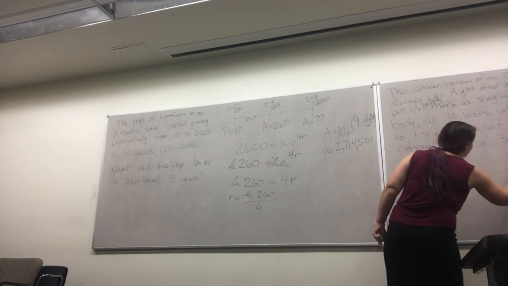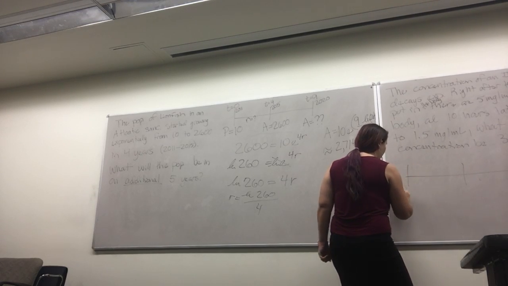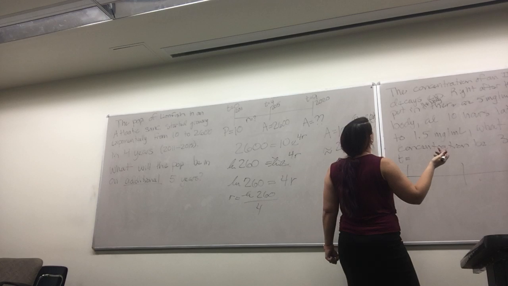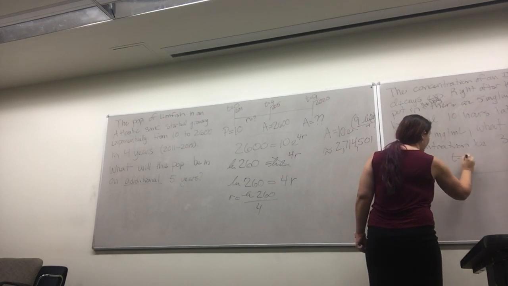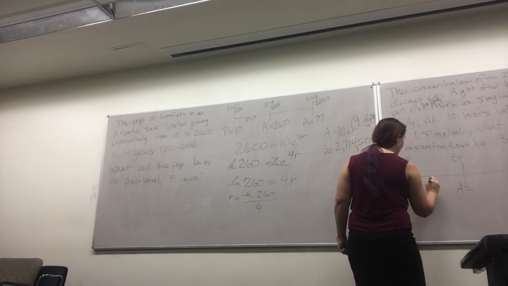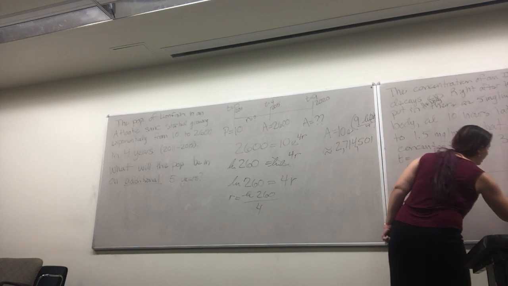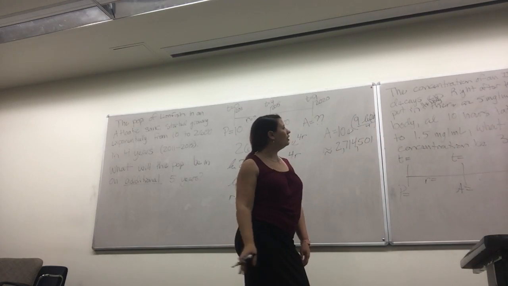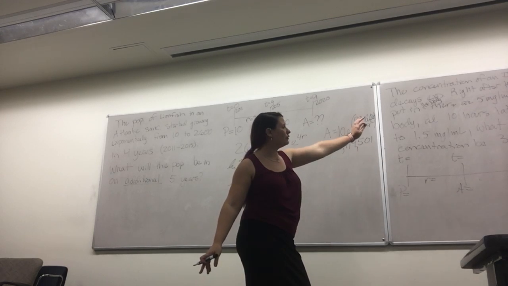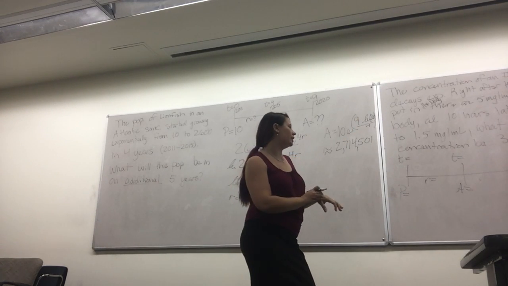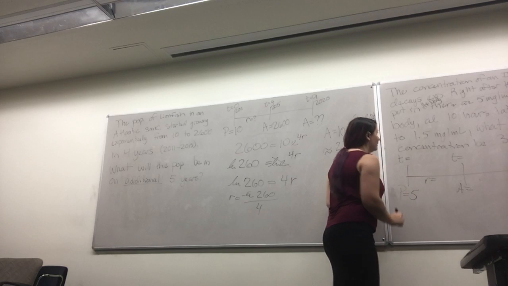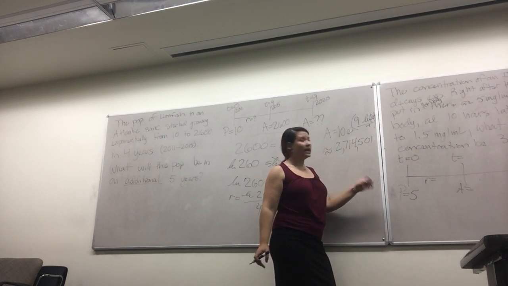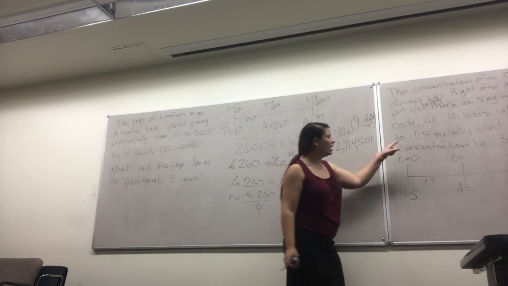So same setup: P, T, A, R. So what do we have? Right away, we have 5 milligrams per milliliter. So that's our P, and T is 0. And then 10 hours later, we have 1.5.